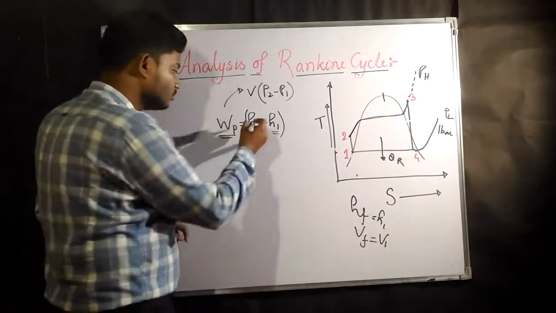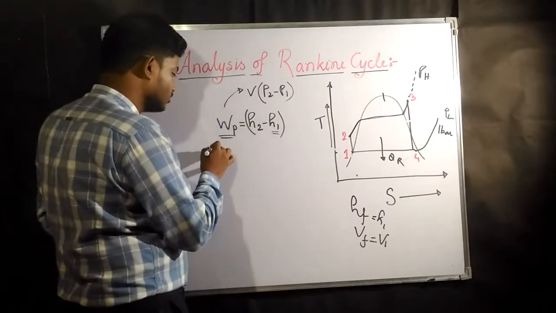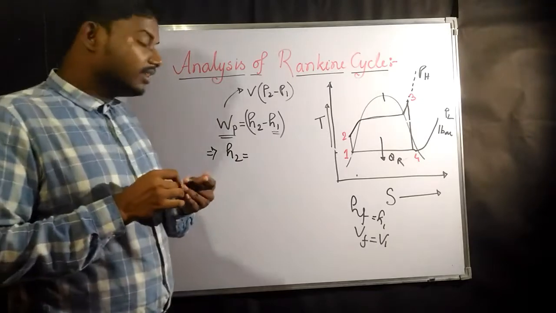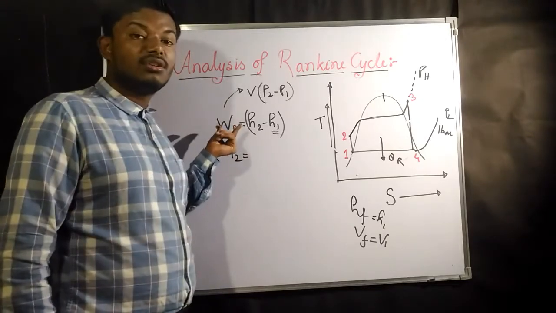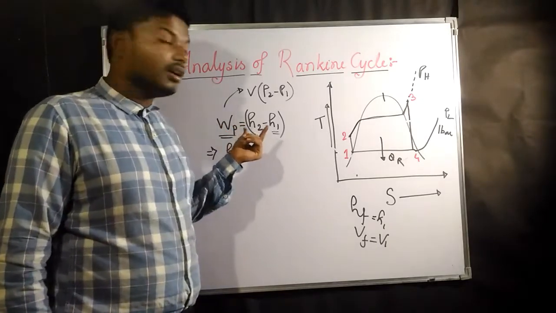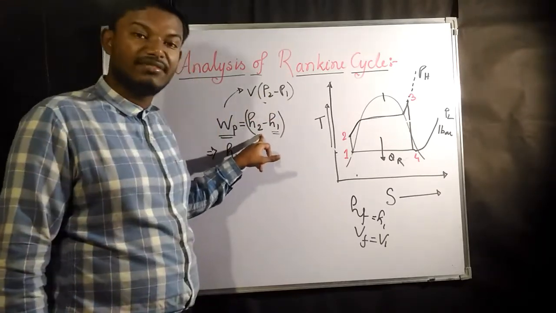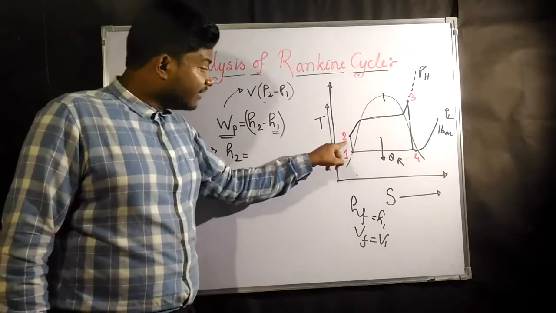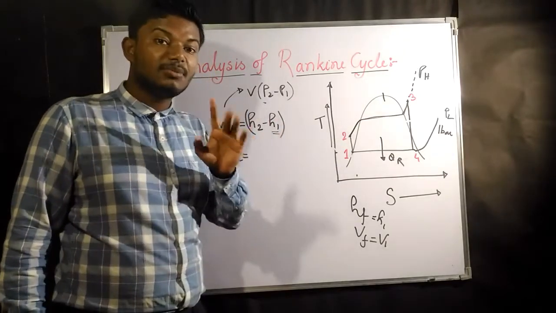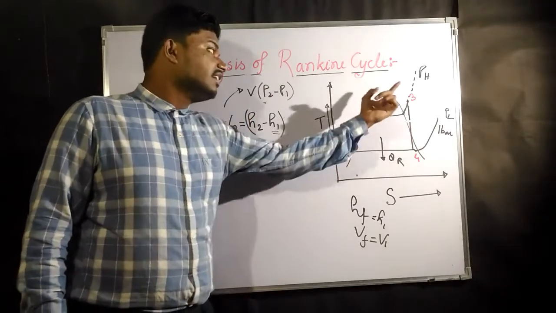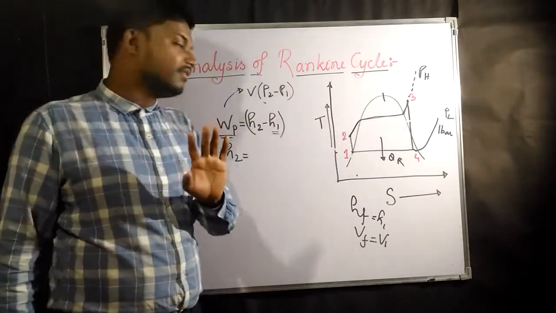Now we are going to find out H2. First of all, we found the work done by the pump with the help of this formula, because finding H2 was difficult for us. That does not mean H2 is not required. H2 is required in the next process, that is, in the heat addition process, where H2 is going to be very important.